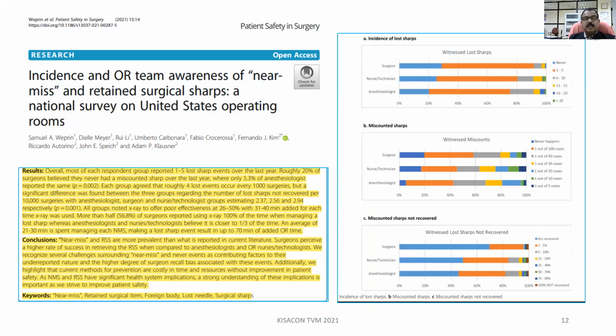With regard to the study on near misses and retained surgical sharps, in a US study published in Patient Safety in Surgery, they opine that the current methods of prevention are costly in time and resources without improvement in patient safety, and a strong understanding of these implications is important as we strive to improve patient safety.